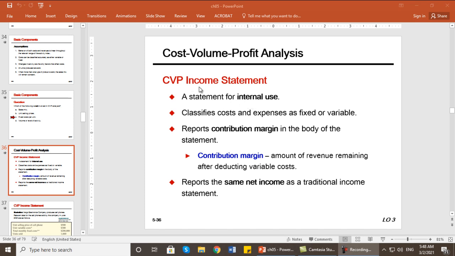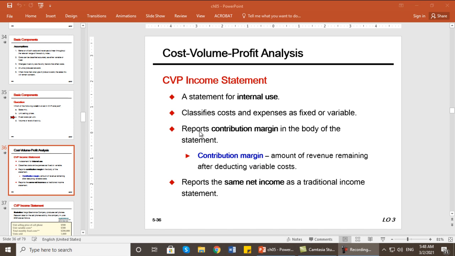In it, we classify costs and expenses only as fixed or variable. Two classes: fixed and variable.